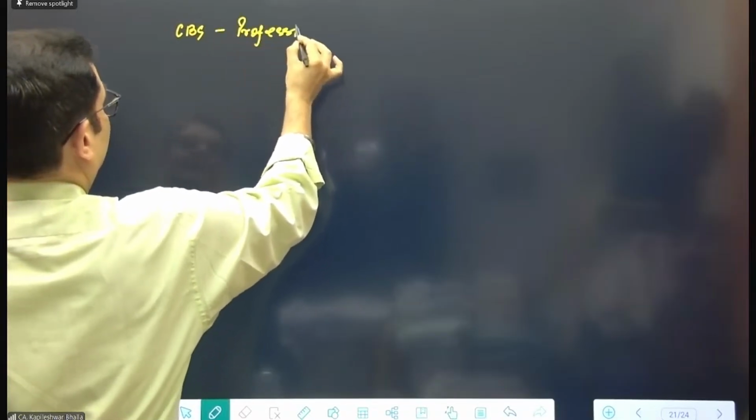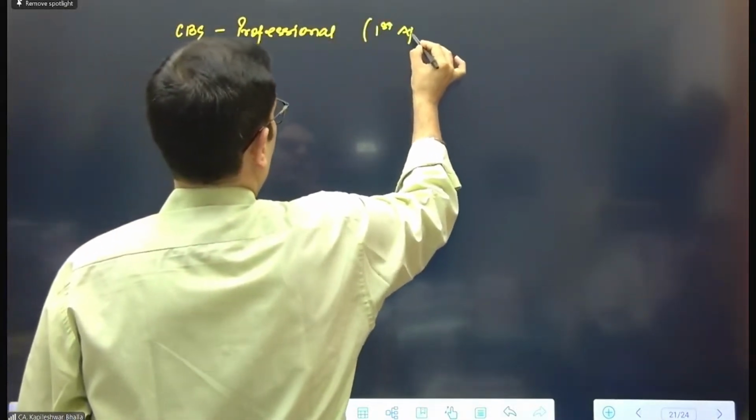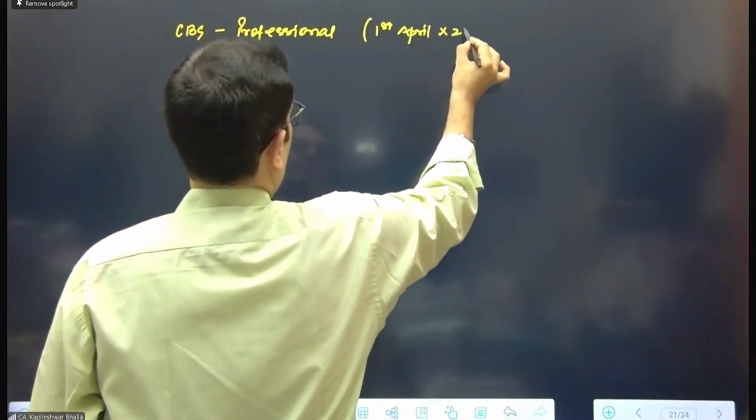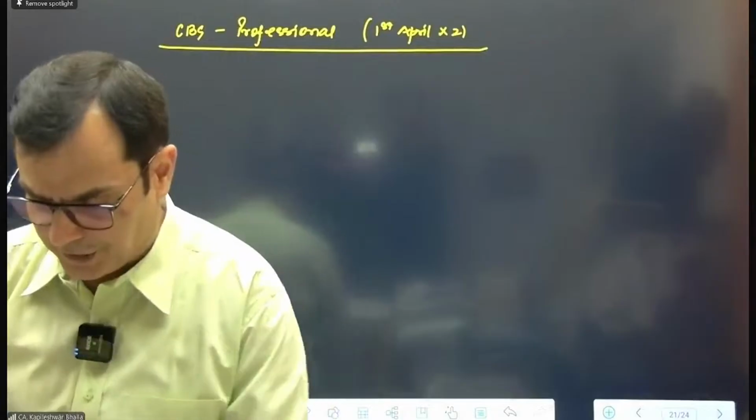We're making the consolidated balance sheet of Professional on the date of acquisition, that is on 1st April X2. We'll keep looking at the plus and minus to make this balance sheet.